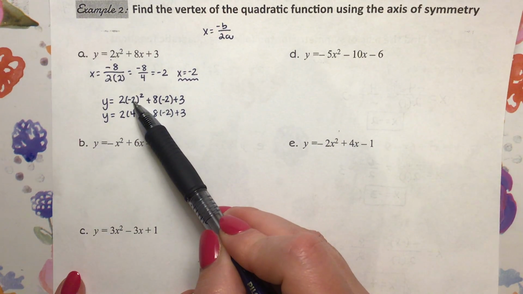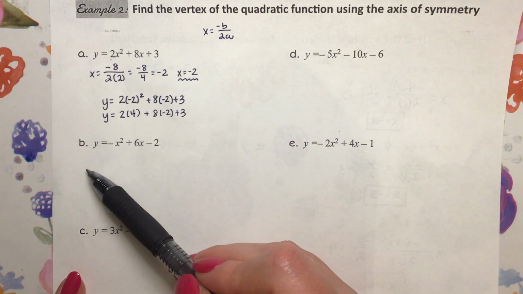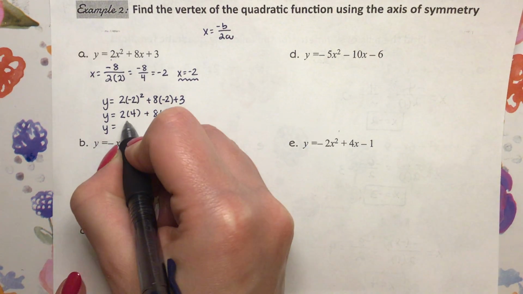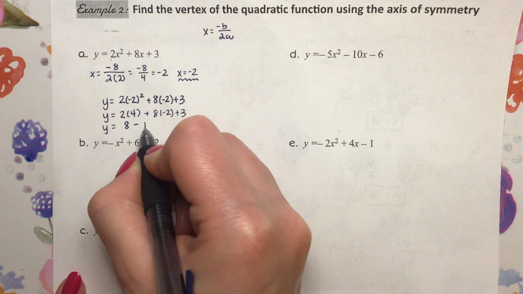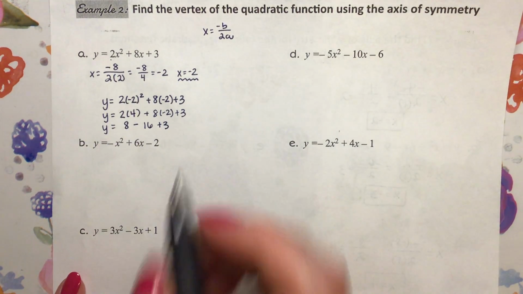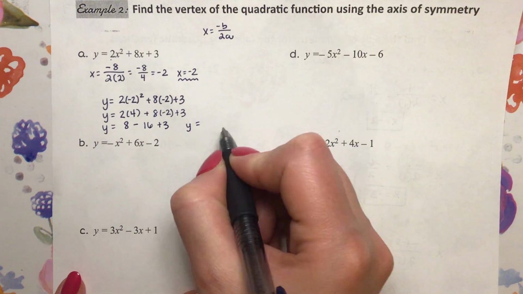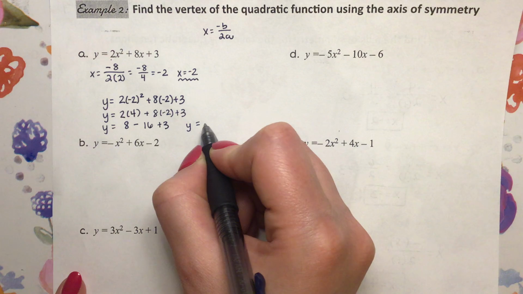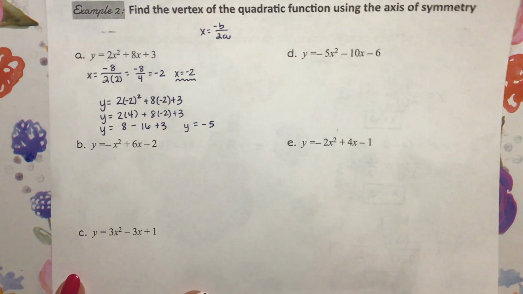Well, this is negative 2 squared. Negative 2 times negative 2 is positive 4 because a negative times a negative is a positive. So now let's do multiplication. So now I have y is equal to 8 minus 16 plus 3. And I have y is equal to, I believe that is going to get me negative 5.